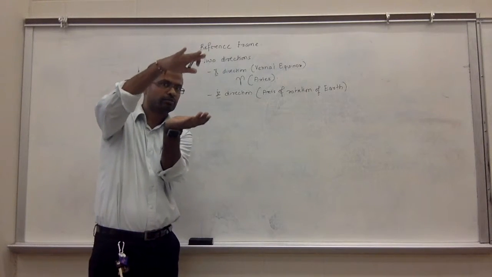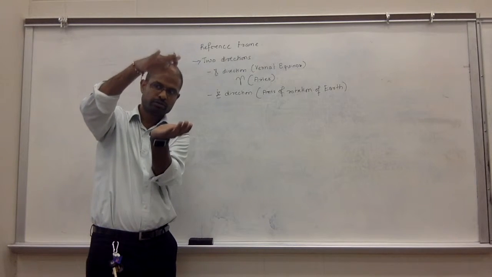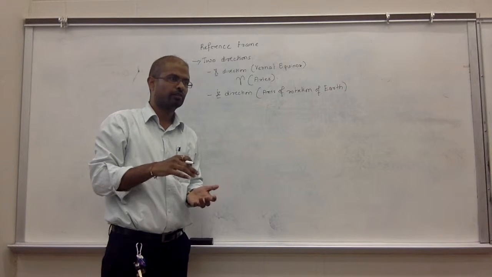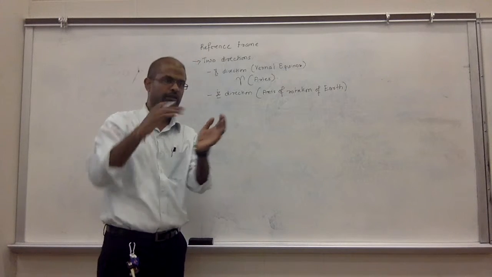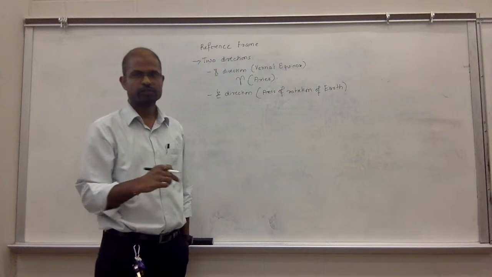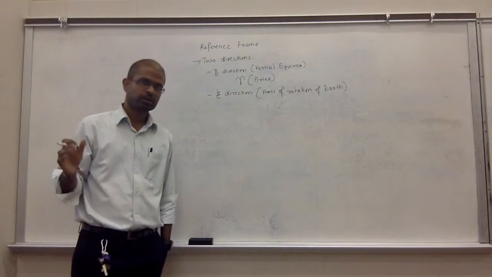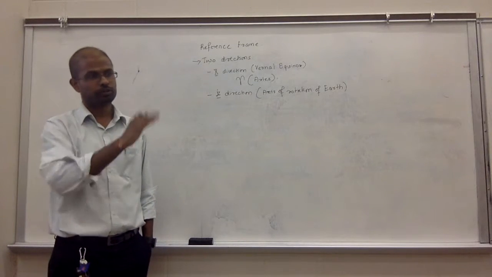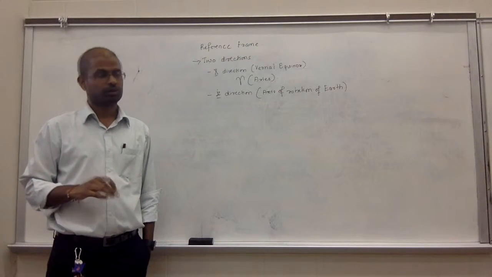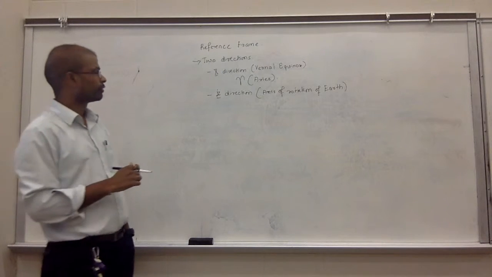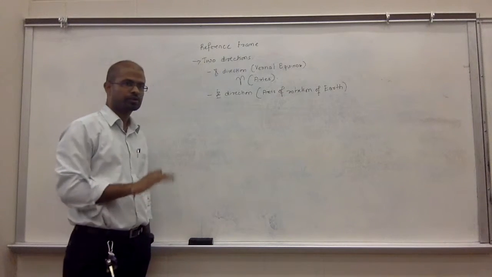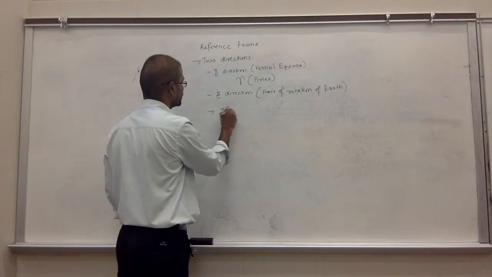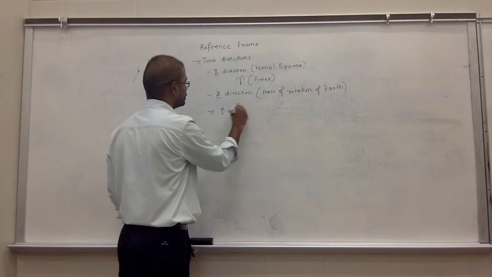That the poles are flat. Poles are supposed to be considered flat compared to this. So the axis relative may change over billions of years, or thousands of years. But for all practical purposes, we say the z direction is always fixed, and y just completes the right-handed set. It is just z crossed with x.